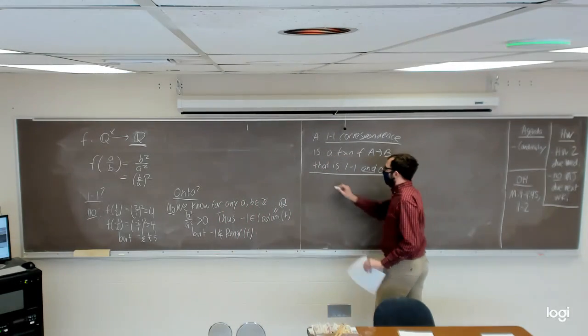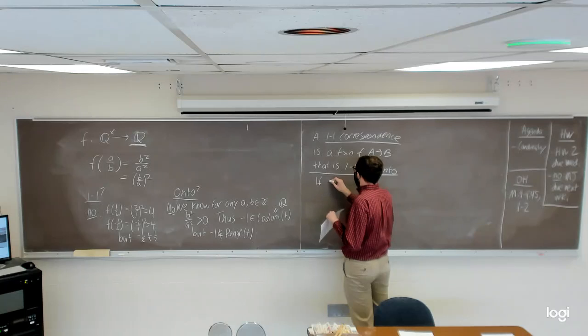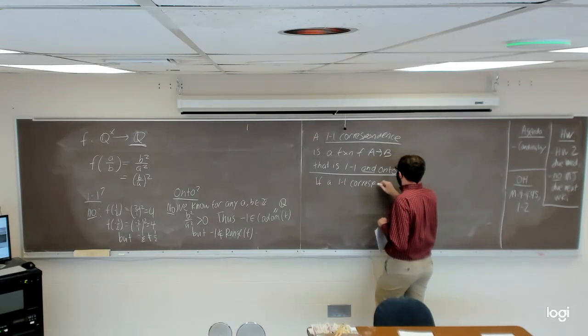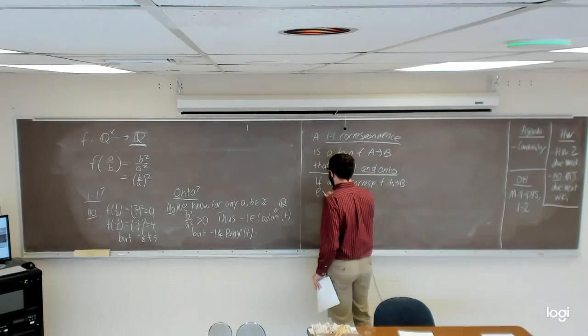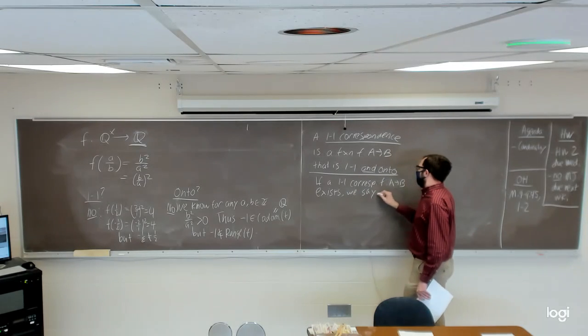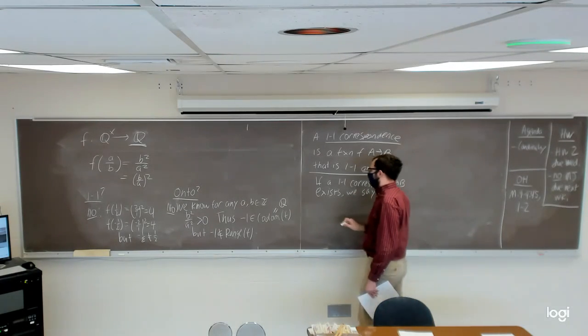And if a one-to-one correspondence f from a set A to a set B exists, we say that A and B have the same cardinality.